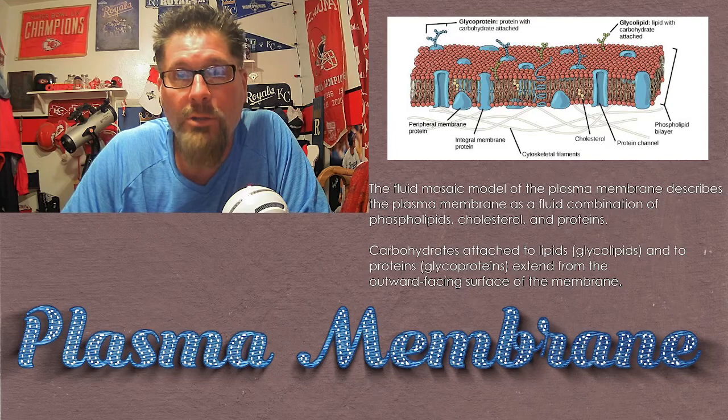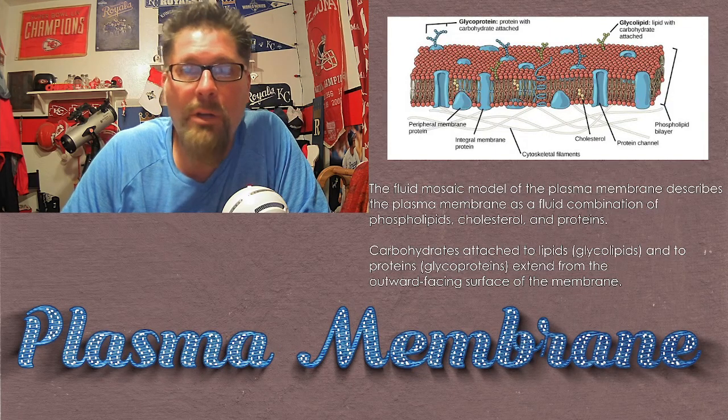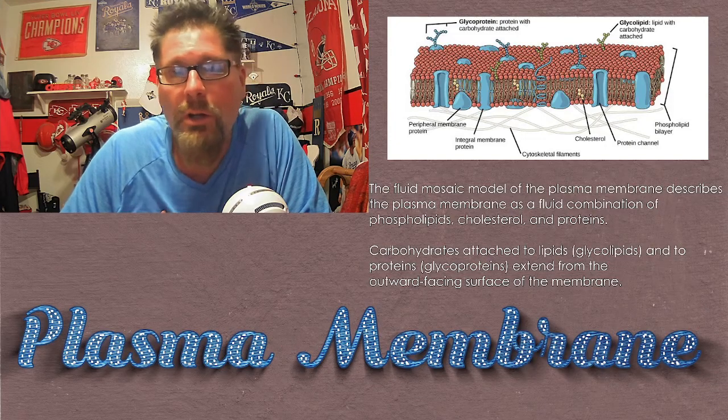It's a collection of components, and because of that, they use the phrase fluid mosaic model when talking about the membrane, and that's just simply a way to try to depict the complexity of the molecule.